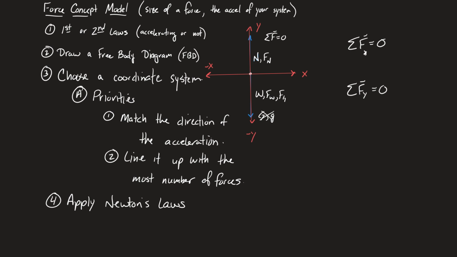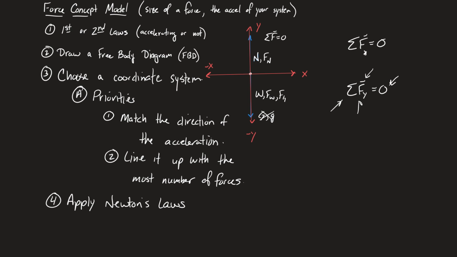If you had a second law problem, one of these gets MA. If it's a first law problem, they both get 0. And this isn't an equation, it's a set of instructions. It says, take all the forces, add them up, taking into account their direction, and set that equal to 0.